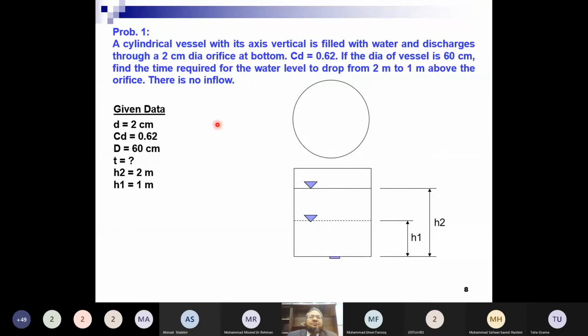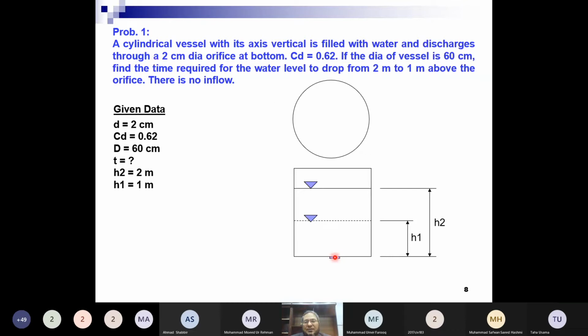Now problem number 1: a cylindrical vessel with its axis vertical is filled. What do you mean by with axis vertical? It means it's a cylindrical vessel and its axis is vertical, is filled with water and discharges through a 2 centimeter diameter orifice at the bottom.